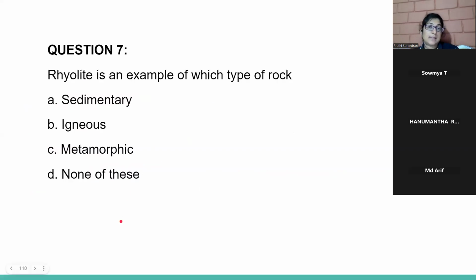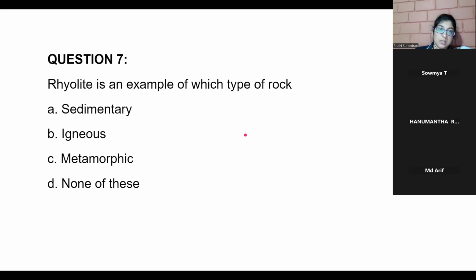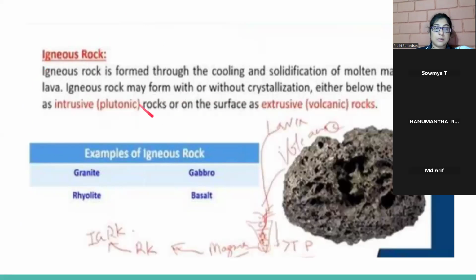Now, rhyolite is an example of what kind of rock? Okay, so here, igneous rocks examples are granite, gabbro, rhyolite, and basalt.